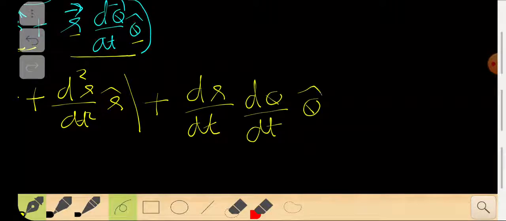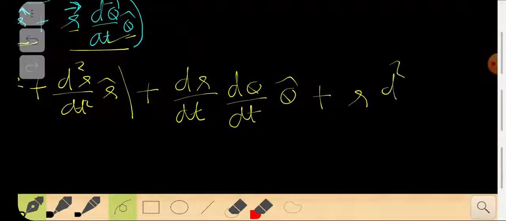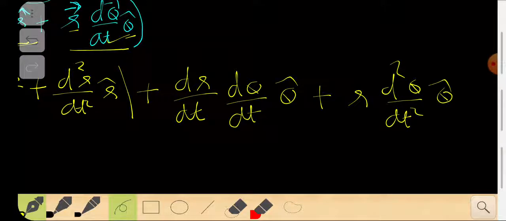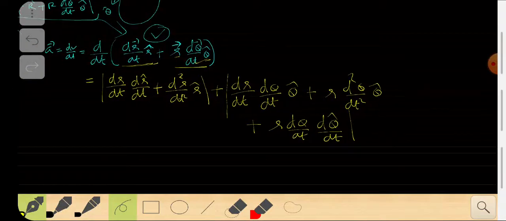Plus now the second function, d theta by dt: vector r times d square theta by dt square times theta cap. Plus the third: vector r times d theta by dt times d theta cap by dt. So I just applied the product rule.